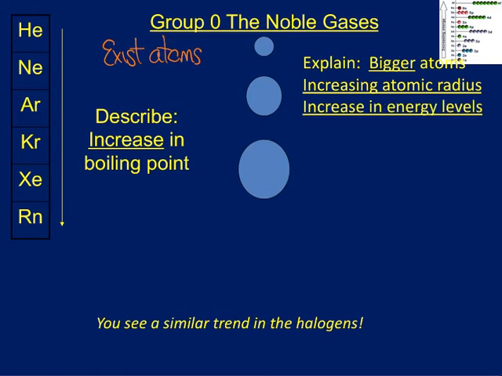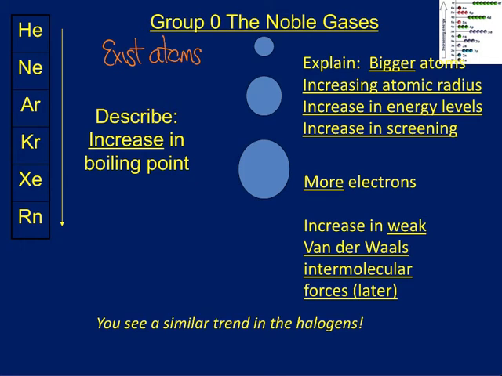You've got increasing atomic radius, increased number of energy levels, and increase in screening. And in terms of boiling points, and we're going to be coming on to this in a little while, we have more electrons if you're a bigger molecule or bigger atom, and we have this thing called van der Waals forces. So van der Waals forces is the force of attraction between 2 different atoms, and the bigger you are, the more attraction you actually have for other atoms around you, so therefore you have a bigger boiling point. We will come back to this again, so please don't worry on that front.